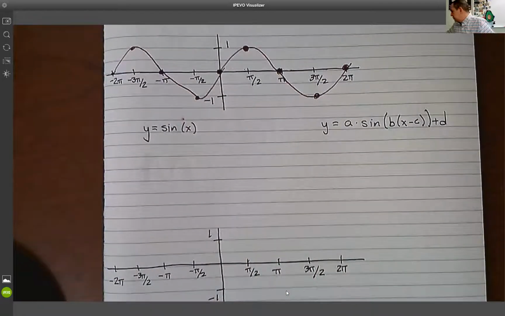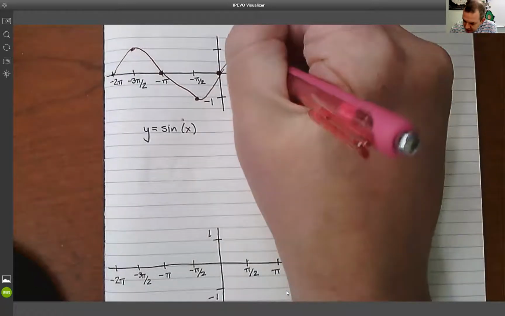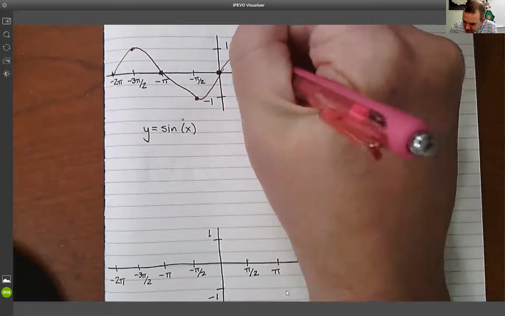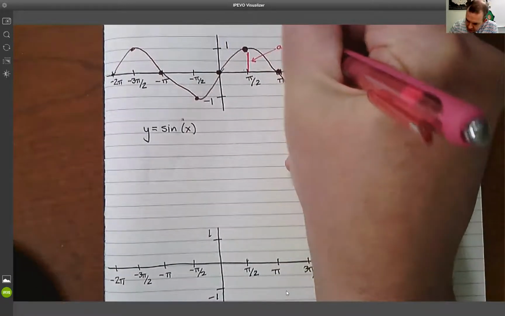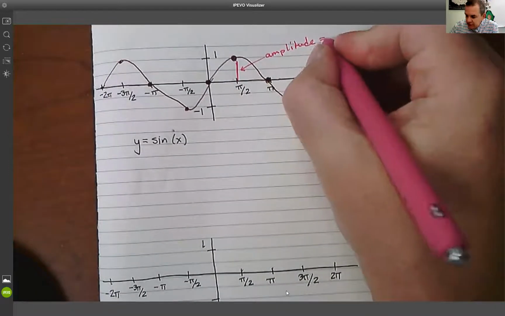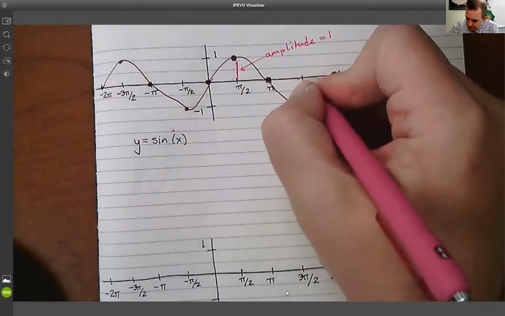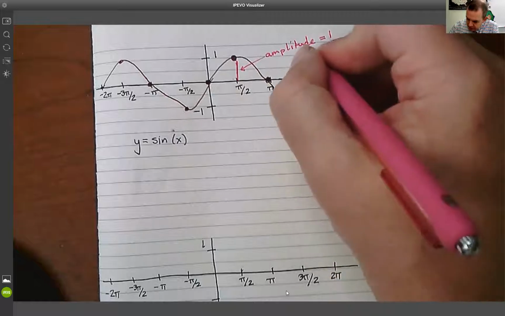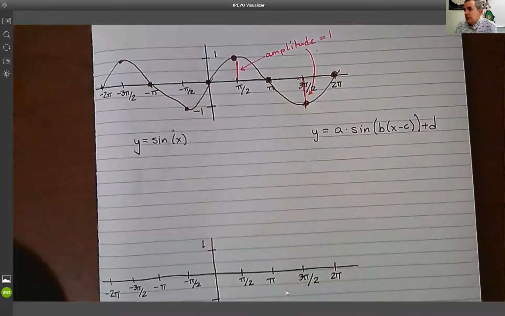Some of the definitions we talked about in class were the height of this thing right here. When I go up here, that is called the amplitude. Amplitude is always a positive number. So in this case, the amplitude here is equal to 1. We also have an amplitude here, and that amplitude is also equal to 1.